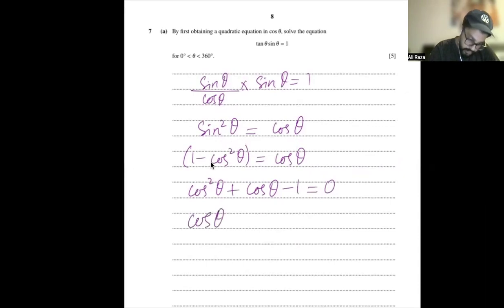The values for cos theta now in this case would be minus 1 plus minus root 5 over 2 when we apply the quadratic formula on this equation.